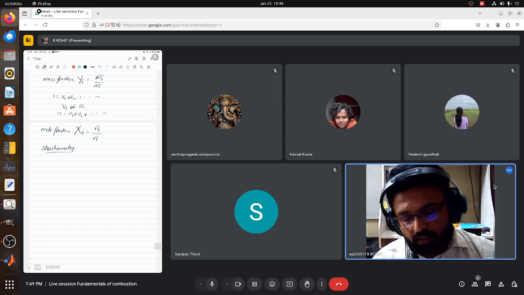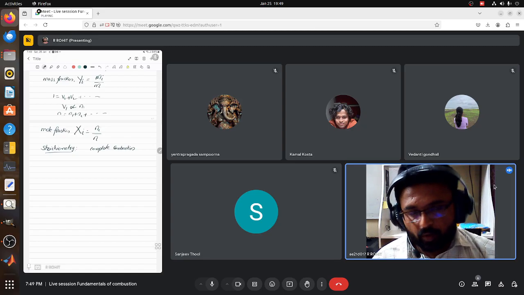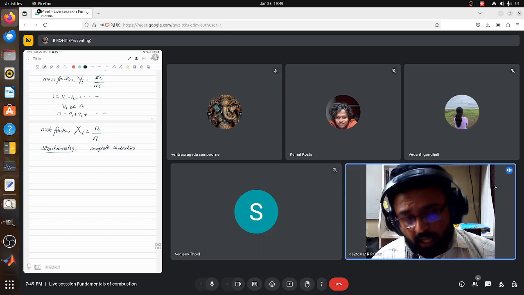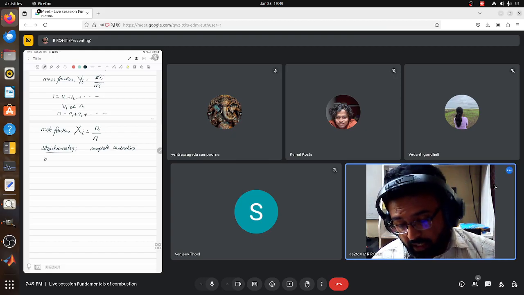So that's the key point here. By assuming complete combustion, theoretically you are deriving the maximum amount of air required. For this calculation, even for upcoming lectures, you will consider air is composed of 21% oxygen and 79% nitrogen.